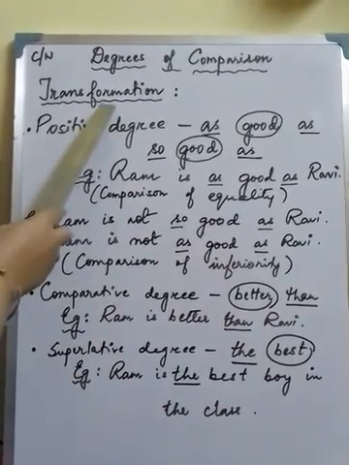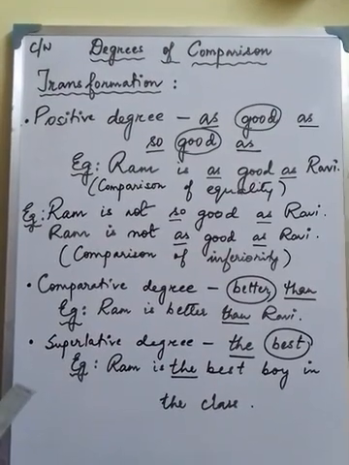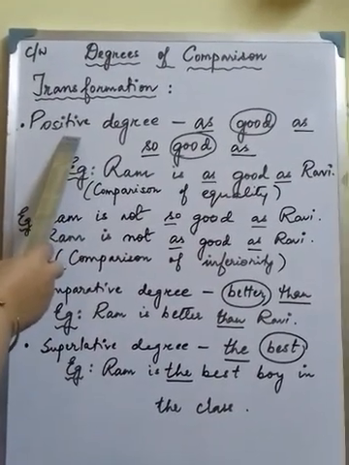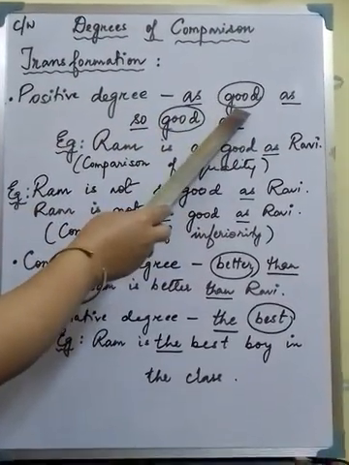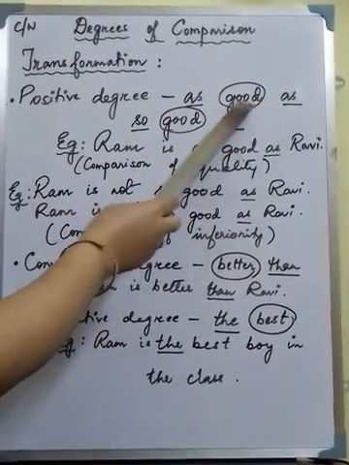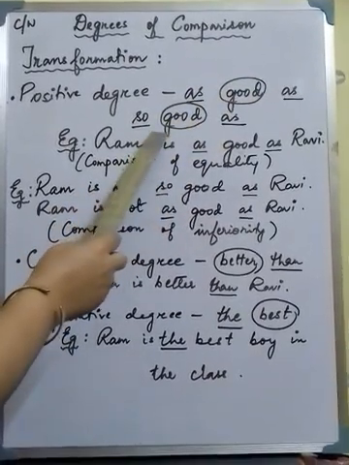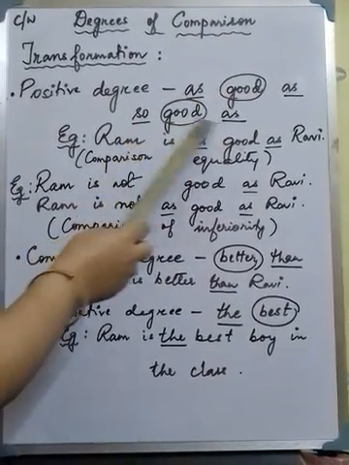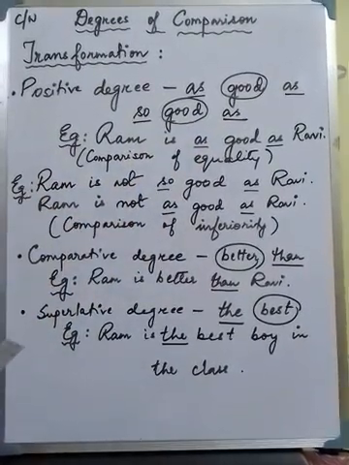Remember, whenever you are transforming a sentence from one degree to another, in a positive degree you have to use as right before and after the positive degree, that is the adjective, or you have to use so as before and after the adjective.